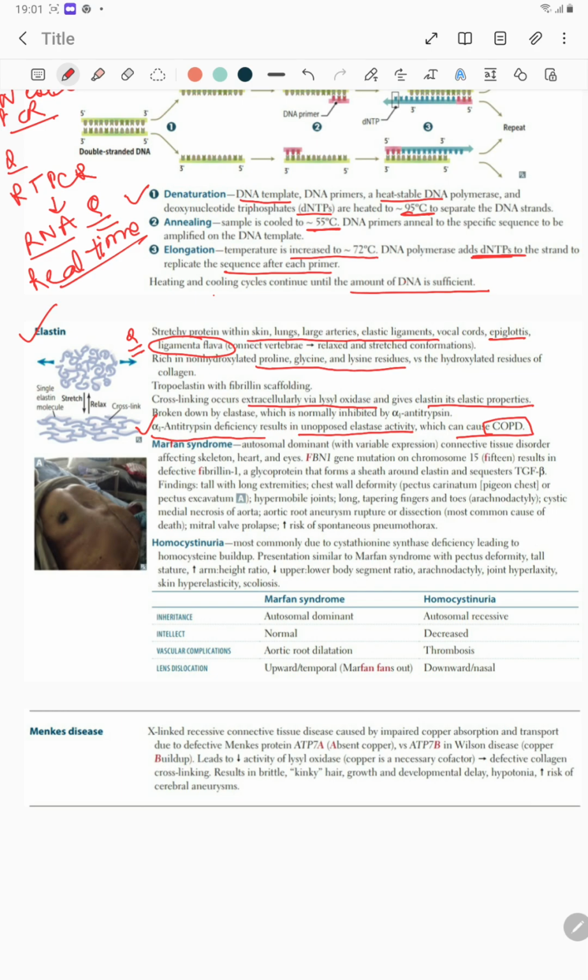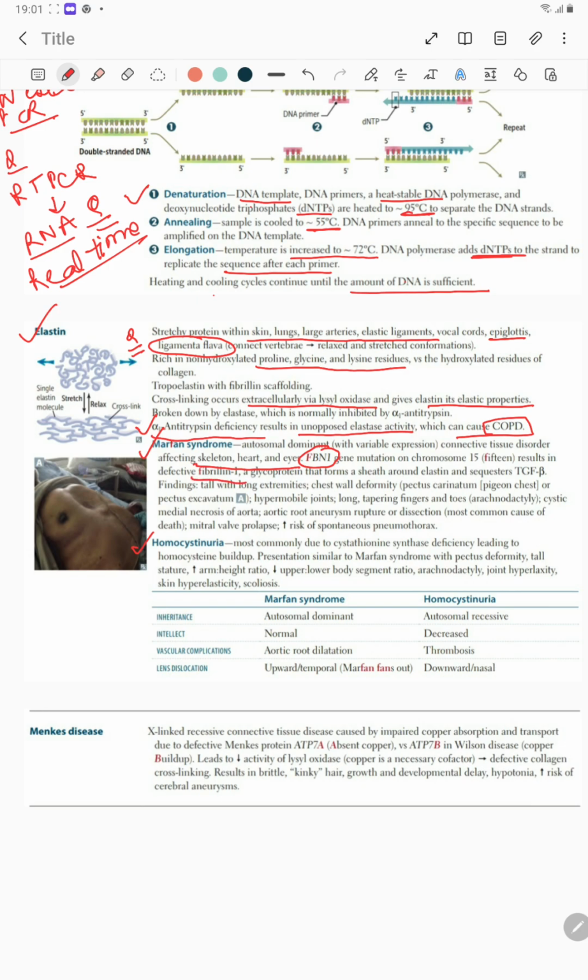Now there are two important diseases, Marfan syndrome and homocystinuria. Marfan syndrome is an autosomal dominant connective tissue disorder affecting mainly the skeleton, heart and eyes. A Fibrillin 1 gene defect is seen in this condition, which is also a recently asked question.